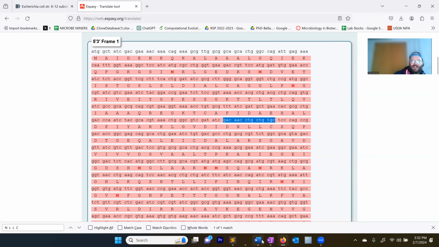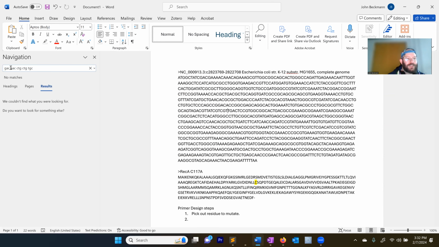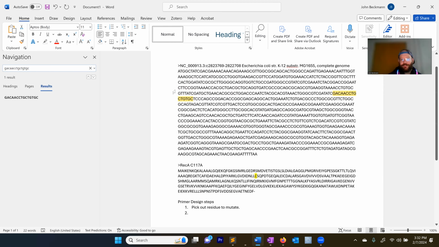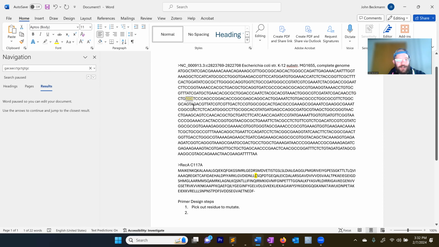I'm just going to copy that sequence. I'm going to Control-F and find that sequence. You need to remove the spaces. TGC. Here's the codon. All right, here's the codon we want to mutate.